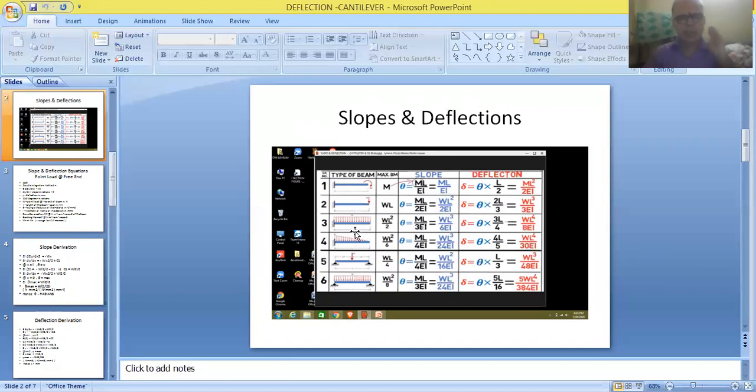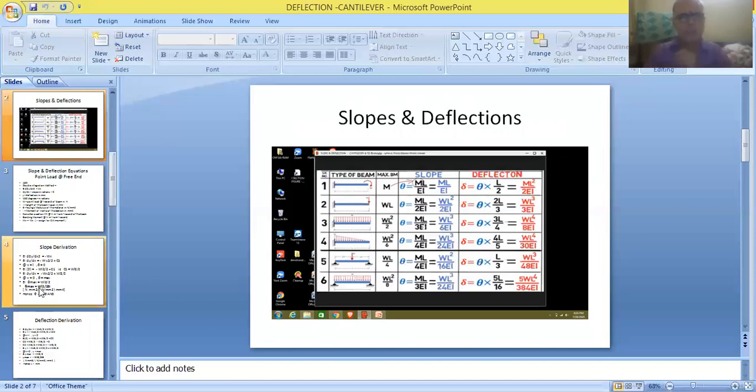Here also we have to take a section at a distance of x meter from the free end. Therefore, UDL will be acting for x meter, so it is written as small w into small x. Now we have to find the bending moment. It has to be taken as a point load, so it becomes small w into small x, acting at the midpoint of that distance of x meter, so it is taken as x by 2.